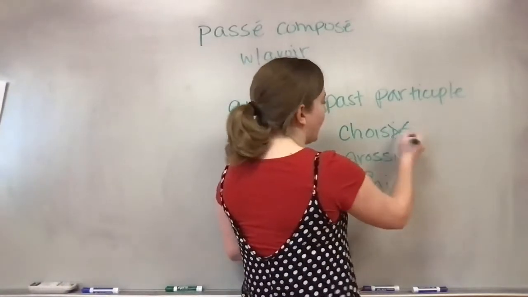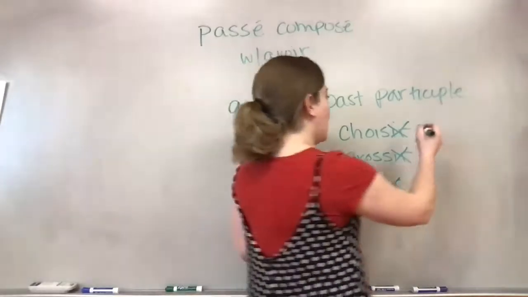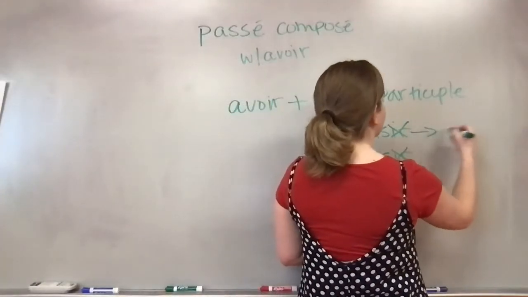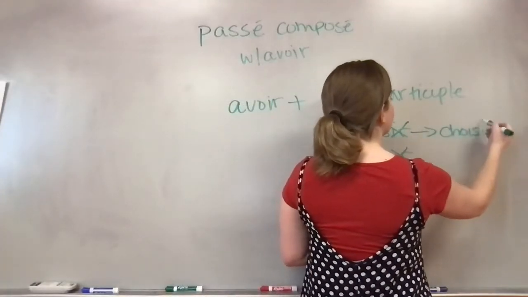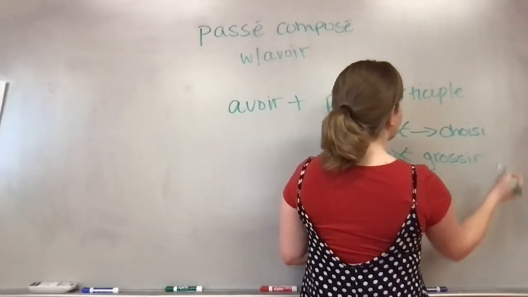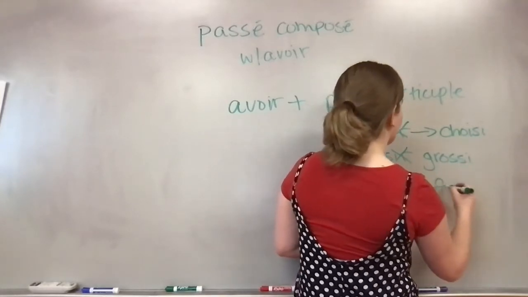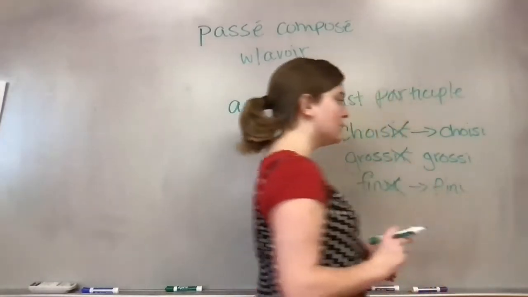Again, cut off the IR ending like we do when we conjugate. And we just add an I. So choisir is going to become choisi. Grossir is going to become grossi. And finir is going to become fini.